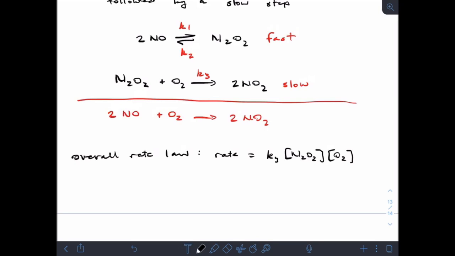But here's the trick, here's the trip up, I should say. You can't have an intermediate in your overall rate law. Looking at our two reactions here, N2O2 is made in the first reaction and then used up in the second reaction.